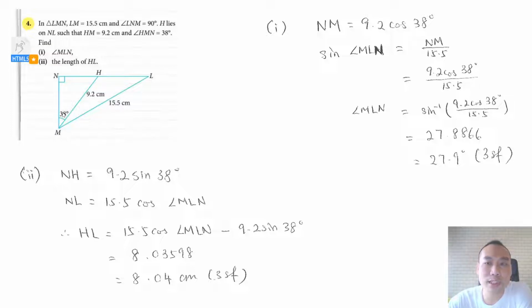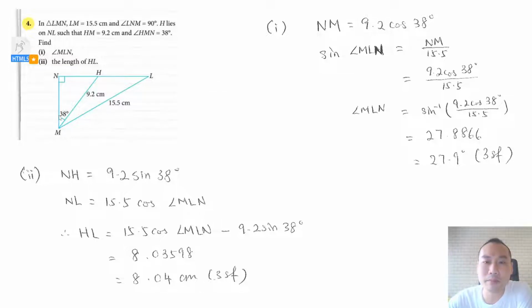So cosine 38 degrees here is NM over the hypotenuse 9.2. Therefore, NM is 9.2 cosine 38 degrees. We don't need to work it out yet. If you want, you can make this equal to a certain value, but please ensure that it is 5 significant figures or more. Otherwise, if you leave it in this form for the time being, it's fine.